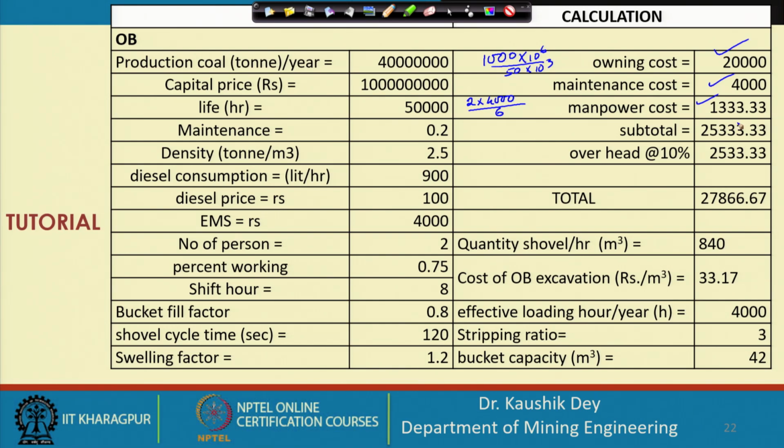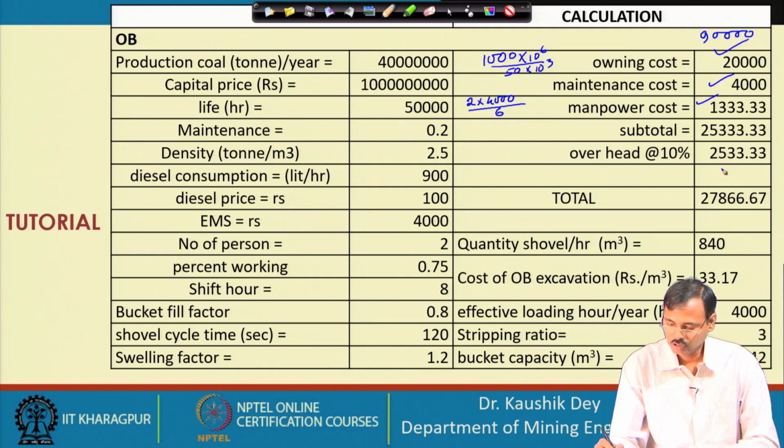I think we have missed here, the fuel cost is missed probably. So, you have to add fuel cost at this position. So, that is 90,000 has to be added here. So, this is 90,000 which is missed here. So, again that 10% of that is 9,000 missed here.